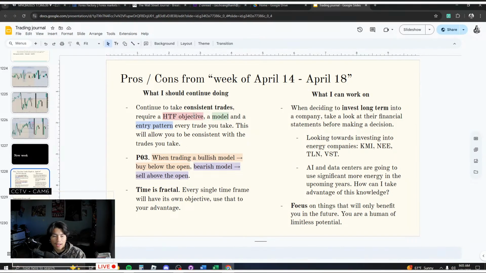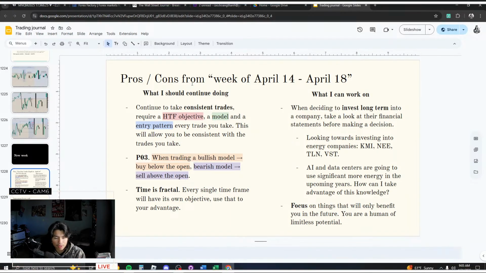And an entry pattern: having some sort of fair value gap that supports both the higher time frame objective and the model direction. So if I'm bearish, I should have a SIBI, sell side imbalance, buy side inefficiency. Inverse, if I'm bullish, I should have a BISI, buy side imbalance, sell side inefficiency. Your entry pattern for yourself could be numerous things. It could be an order block, a breaker block, a mitigation block, whatever it be. But for me, fair value gap is really how I enter off of things.